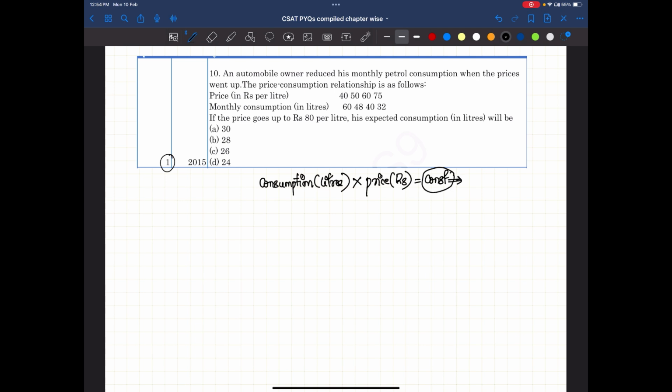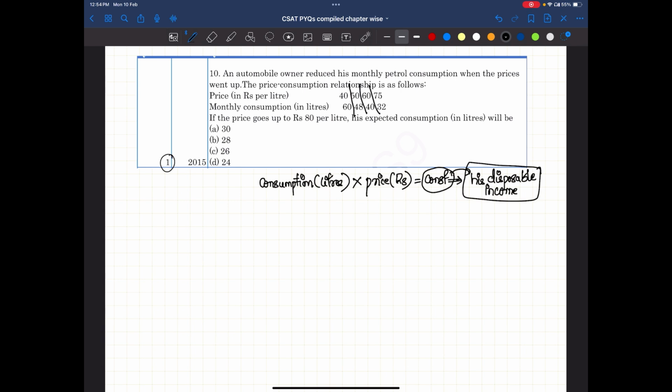This constant is how much he can afford, his disposable income, what he has at present. He only has some amount, and if the price increases, he'll consume less. If the price reduces, he'll buy more. So here you can see that.